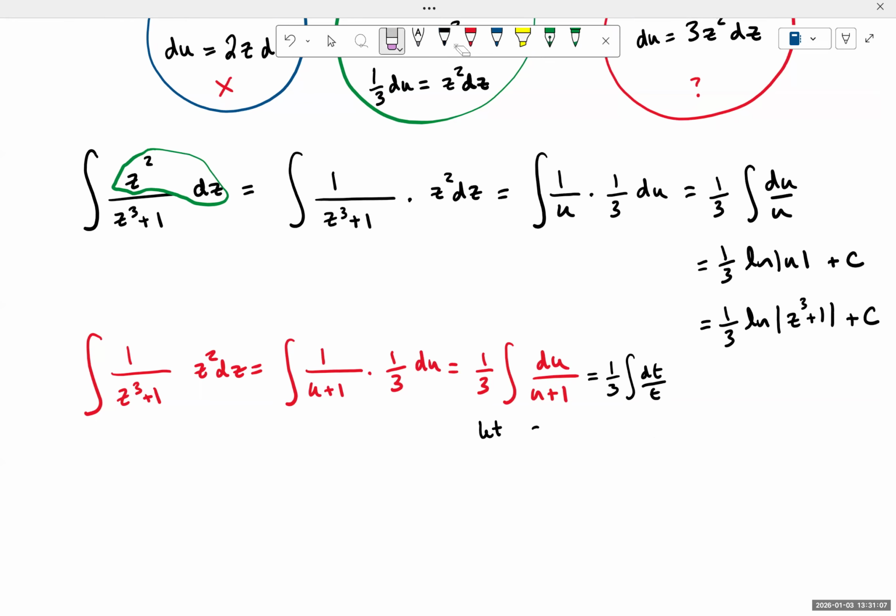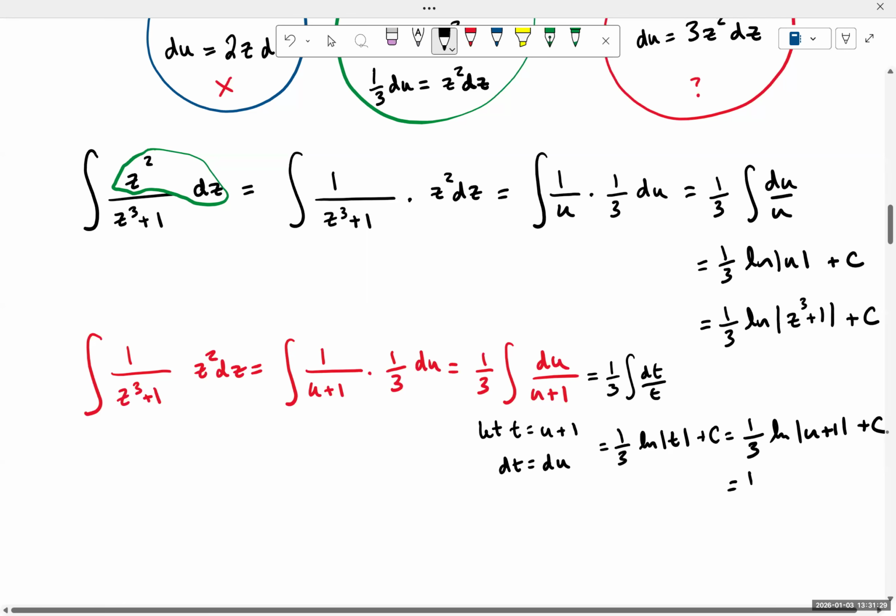Let t equal u plus 1, dt equal du, and then this would be 1/3 ln of t, okay? And then you would have to substitute back again, and you would have to substitute back again. So yes, you could do that. So I put this question mark.